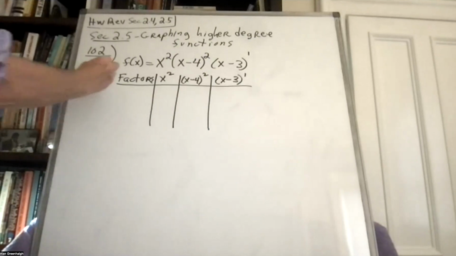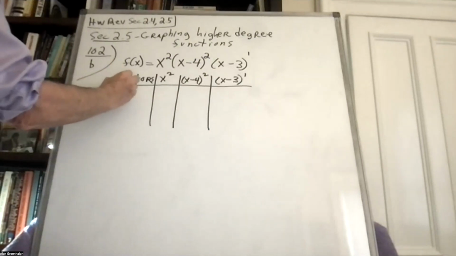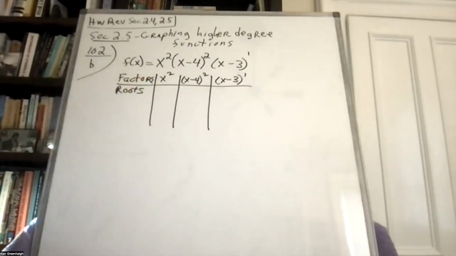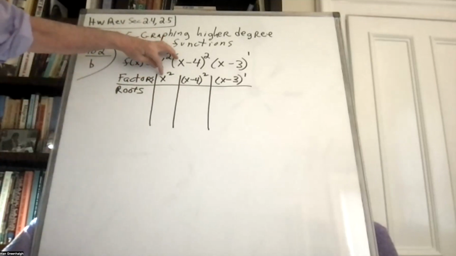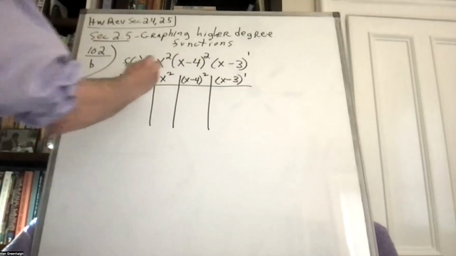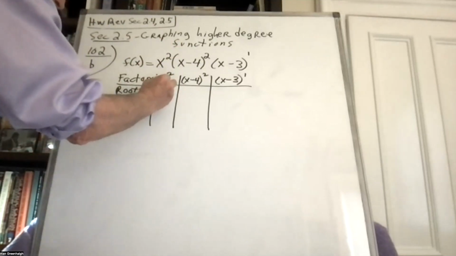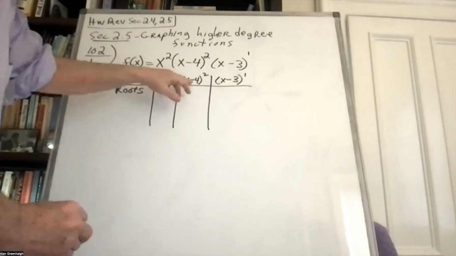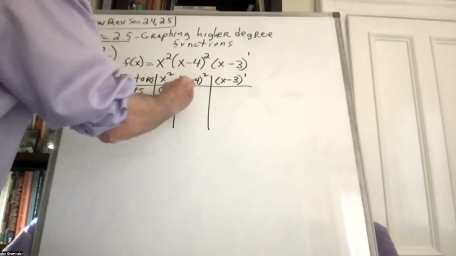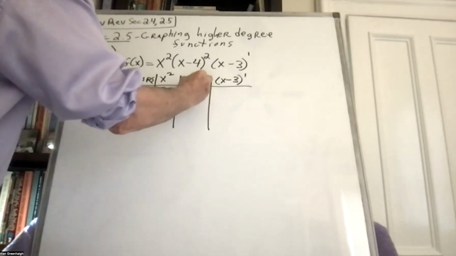Those are the factors. The roots, if you know the factors, you know the roots because you set each factor equal to 0. X squared equals 0, therefore x equals 0. X minus 4 equals 0, therefore x equals 4.